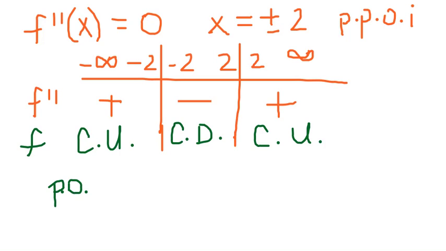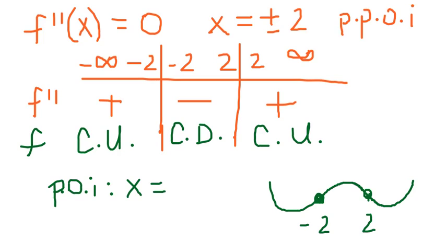So we do have these two POIs because I switch from concave up to concave down, and then I switch again from concave down to concave up. So since we have that switch happening, concave up to concave down, I would have a point of inflection there at negative 2. Concave down back to concave up, I would have a point of inflection at positive 2. So our POIs are at positive and negative 2.